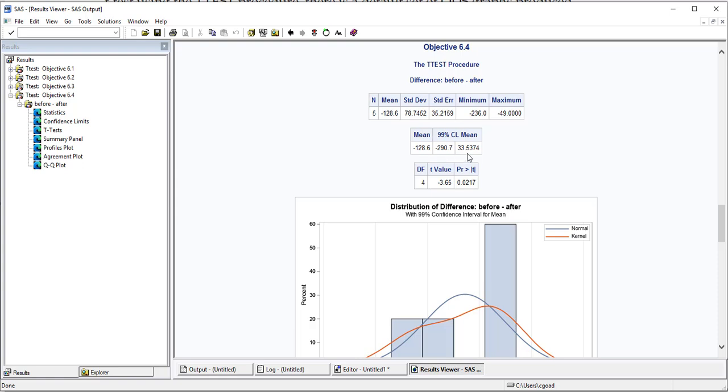This one end is negative, one end is positive. Therefore, given the high variability in the scores here, would we conclude a difference at alpha equals 0.01? We would not, because the 99% interval captures 0. Our p-value for this two-sided test is 0.02, bigger than 0.01. Therefore, we'd say that there is not a significant improvement at the 0.01 level.